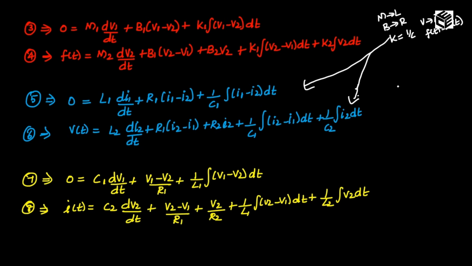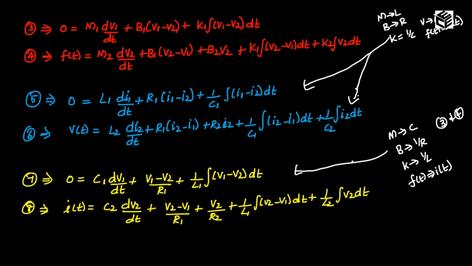Similarly, if you replace M as C and B as 1 by R and K as 1 by L and F of t as I of t in the third and fourth equations, if you are getting these two equations, then your value is correct.